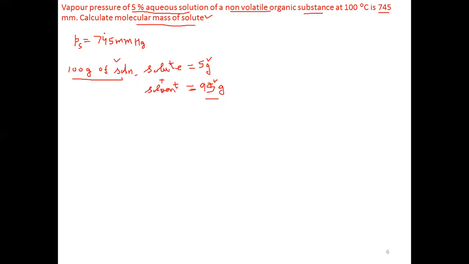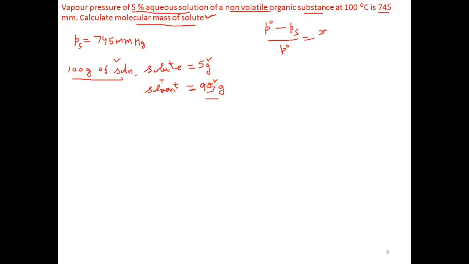Now he says to calculate the molecular mass of the solute. In order to calculate the molecular mass of solute, we can use a relation which states that relative lowering of vapor pressure, P naught minus Ps divided by P naught, is equal to the mole fraction of solute.